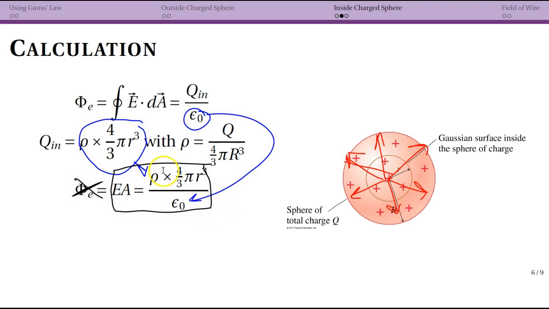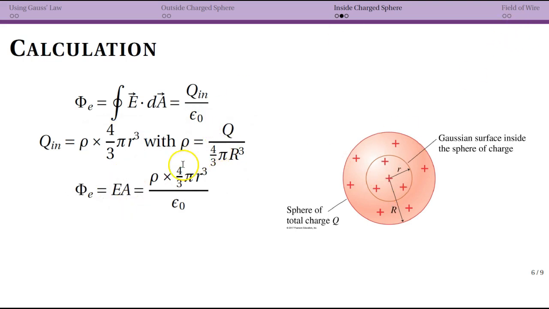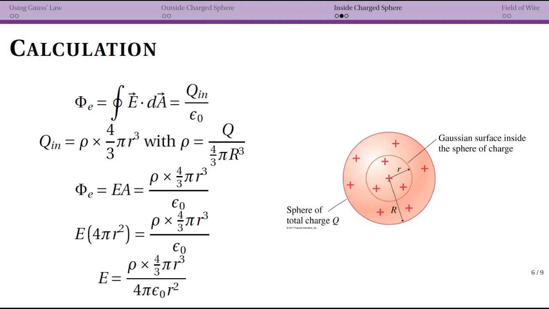So now we have something about our charge density, the radius of our Gaussian sphere, and we also now need its surface area. Now again, be careful every time you're thinking about the area or the volume. Is it of my charge sphere or my Gaussian sphere? And in this case, Gaussian sphere. That's what you're doing the surface integral over. So 4 pi r squared is the surface area of your Gaussian sphere, and now all we need to do is rearrange.